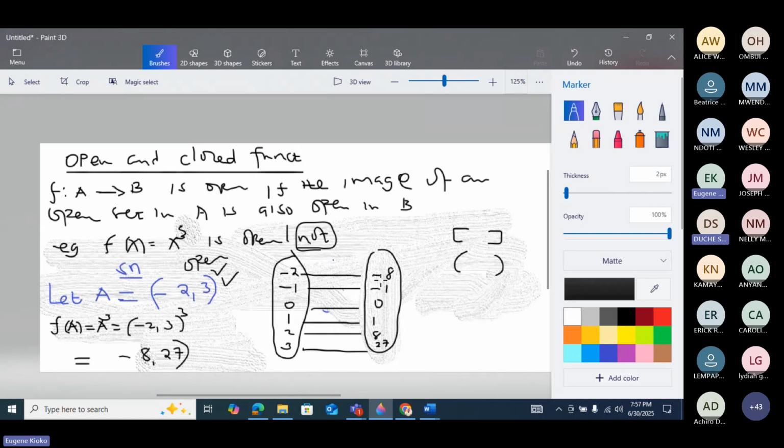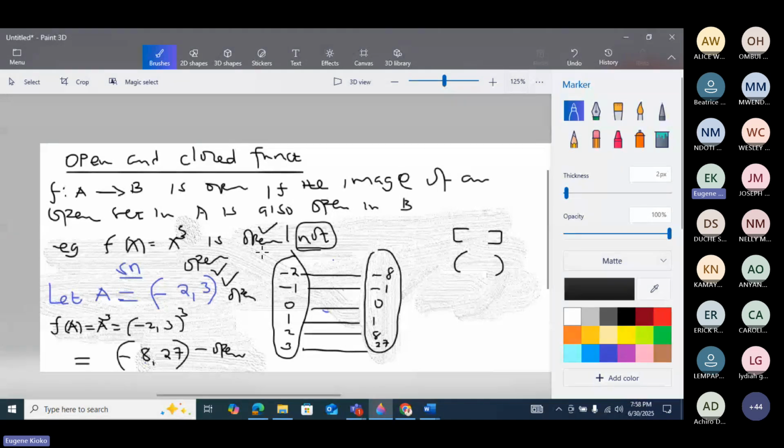Negative 8 came from negative 2, and negative 2 was also on the boundary. So you see now, the image is open, the object was also open. Therefore x cubed is open. We have seen x squared is not open.